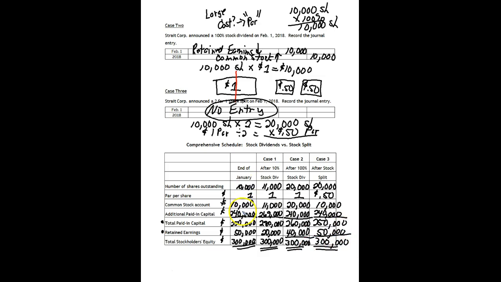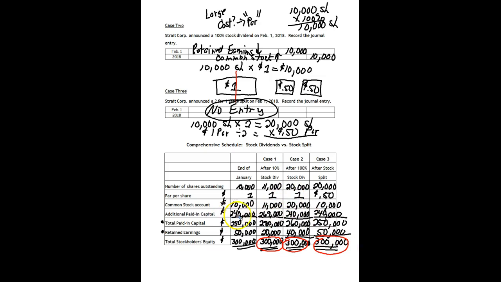Okay, so we're looking at comparing if we have stock dividends versus a stock split. In all 3 cases, let's look at what was common. In all 3 cases, total stockholders' equity stays the same. So that's one observation. Whether we have a dividend or a split, either way, total stockholders' equity stays the same.